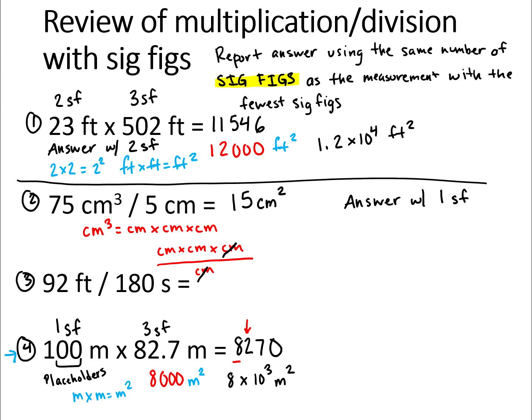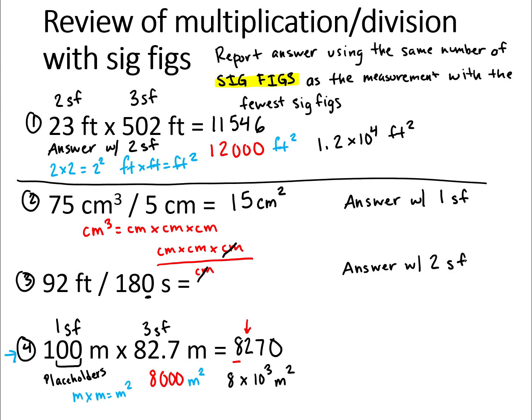So for our sig figs, how many sig figs should our answer have? Yeah, it should only have 2. Each of these numbers has 2 sig figs. That 0, that's a placeholder.